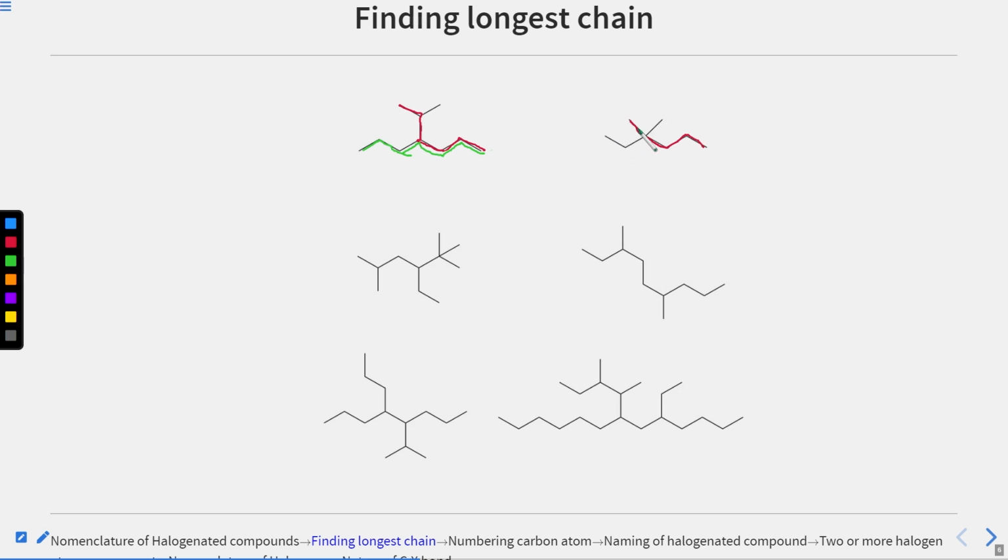Let us try another way. Let us do it from here. 1, 2, 3, 4. So it is smaller than this, so we do not have to consider this one. Let us take another one. 1, 2, 3, 4, 5, 6 carbons. So this one is the longer one. So which is the longer one in this?